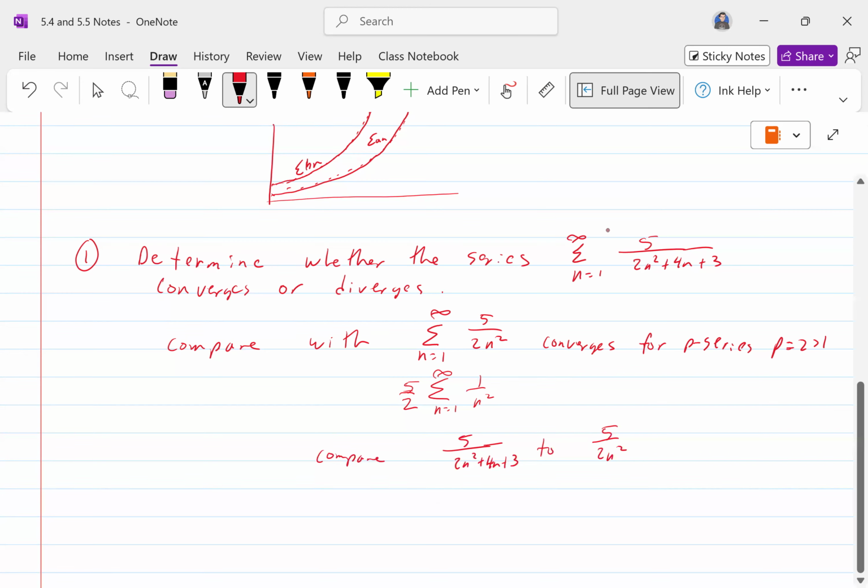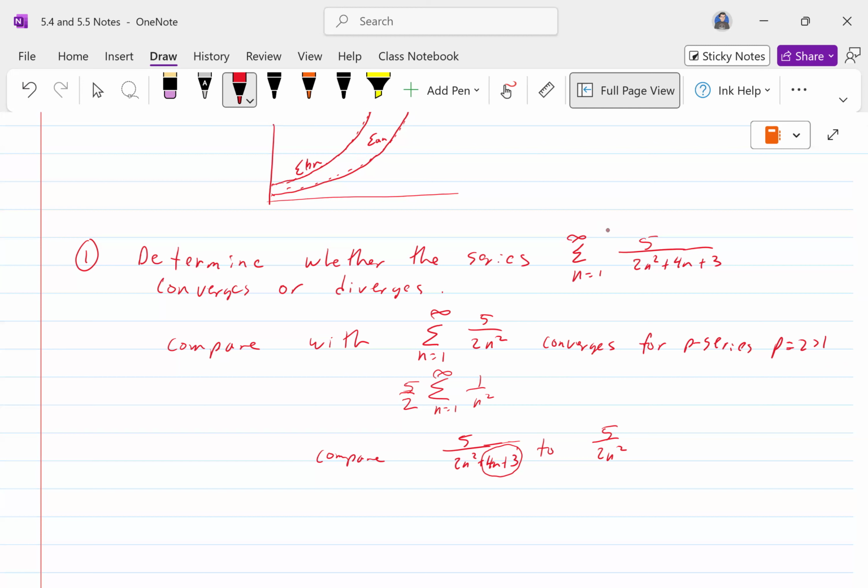What is the net result of adding these extra terms on the bottom? Does this make my value bigger or smaller? If I add extra stuff, keeping in mind that n is always positive, if I add extra stuff to the denominator, dividing by more stuff is going to make it smaller.